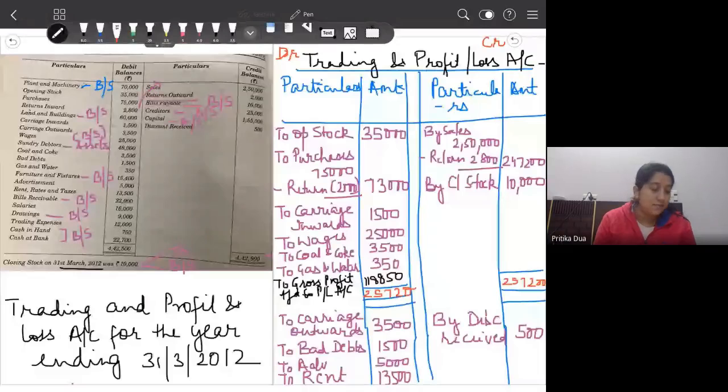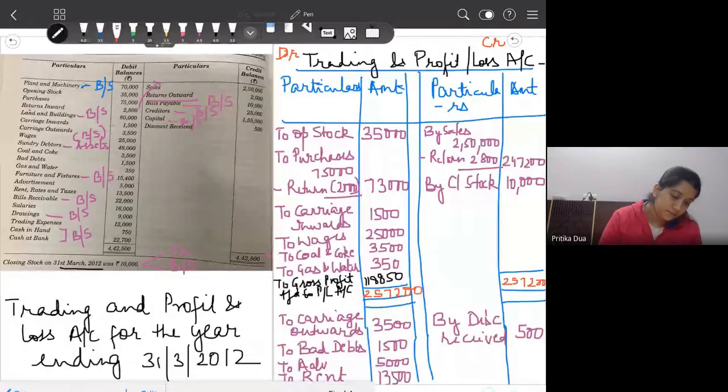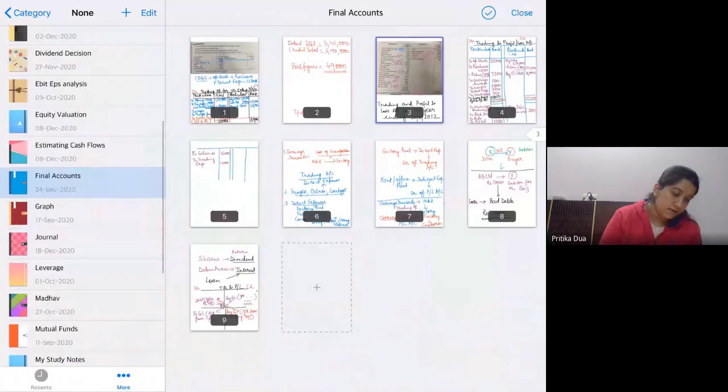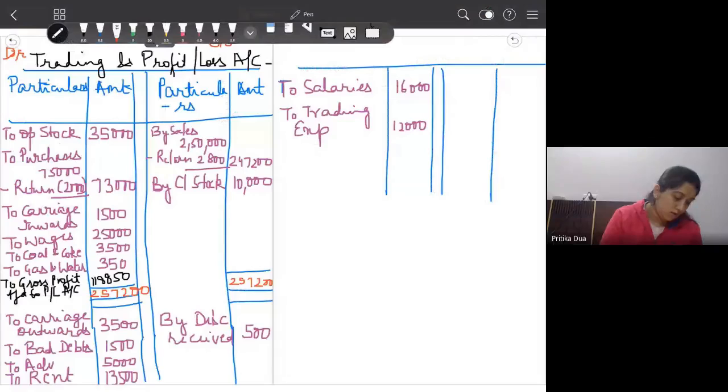Are you getting the same answer? Yes, ma'am. Okay. So which means we transfer this amount here in the P&L account and you write it here by gross profit transferred from trading account. Just write this figure on the top here.